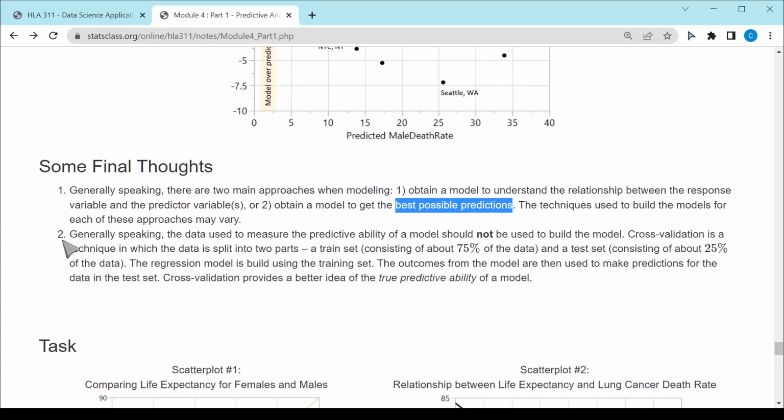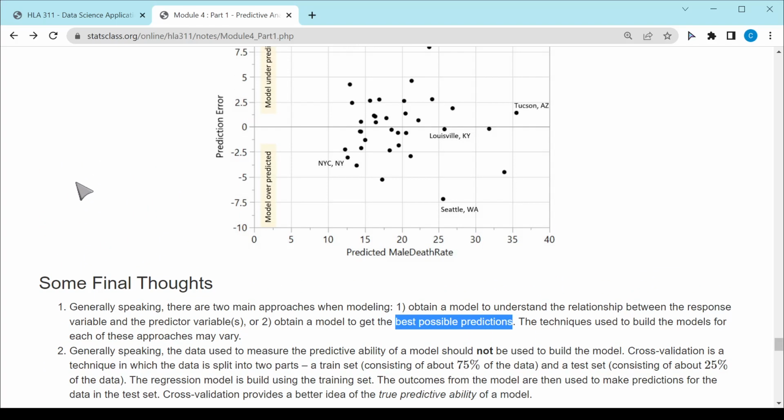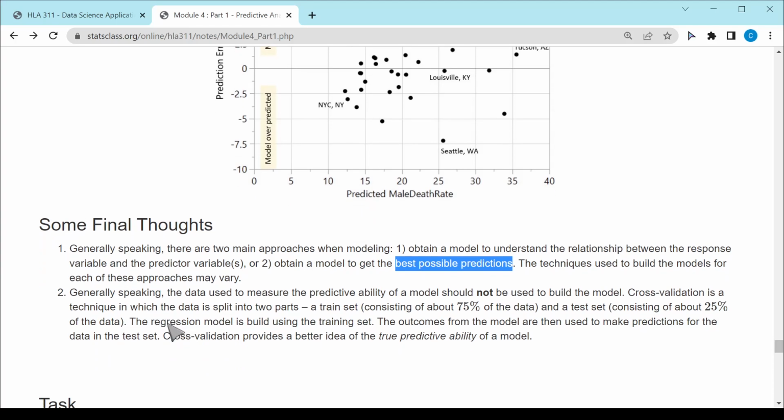In this example here, I did not use cross-validation. I used all of the observations, all 35 cities, to build my model. And then I was investigating the predictive ability or the predictive error on those 35 cities. So a better approach might be to take maybe 5 or 8 of the cities and hold them out and put them in what is called the test set.